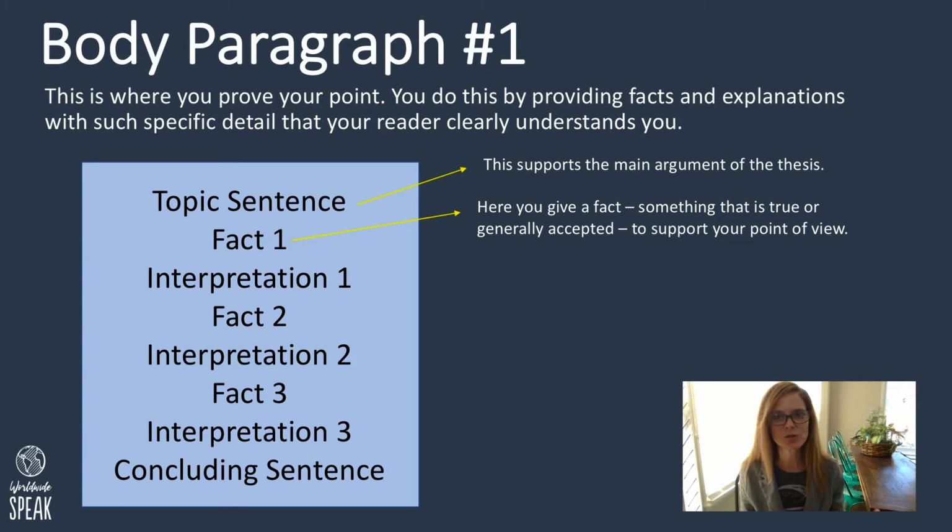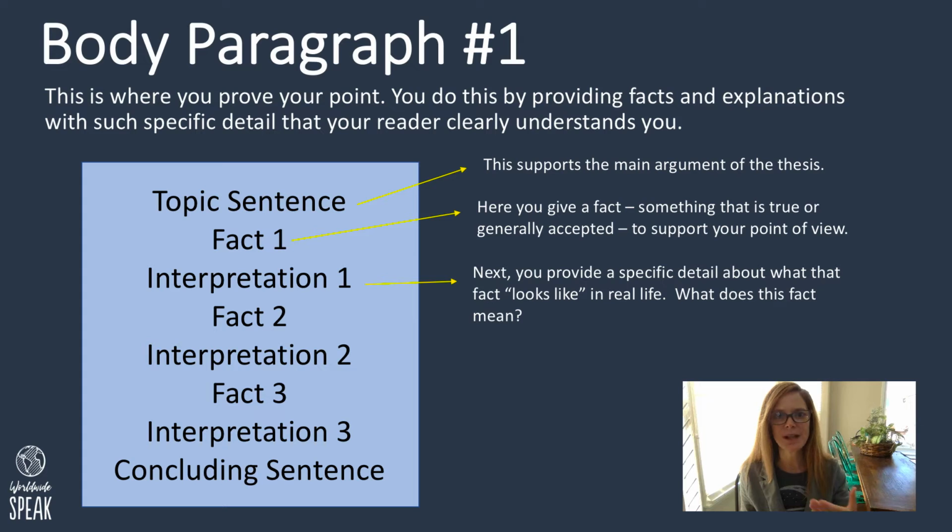We give something that is true or generally accepted to support our point of view. And then we want to follow that up with a specific detail about what that fact looks like in real life. What does this fact mean to the reader? And then after fact and interpretation 2 and 3, you'll have a concluding sentence that just wraps up the paragraph.